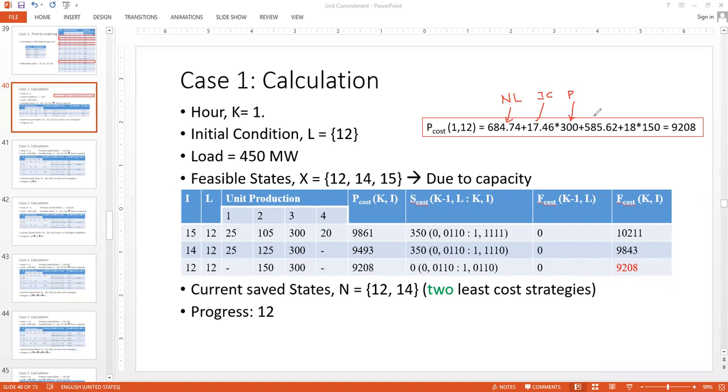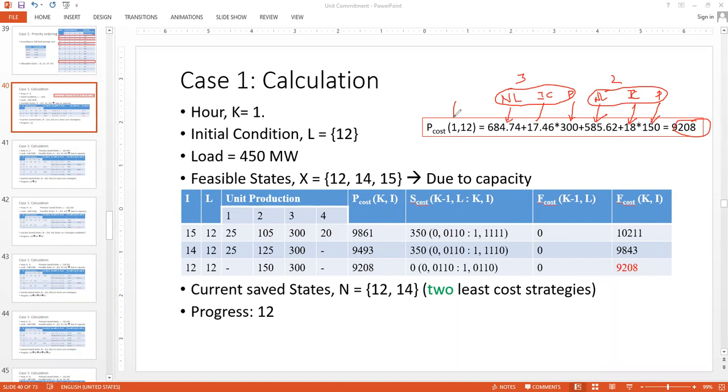Similarly, this is the no load cost associated with unit number 3. And the same thing for unit number 2: the no load cost for unit 2, the incremental cost for unit 2, and the production from unit 2. If you plug those values into the expression of P cost, we get this value.